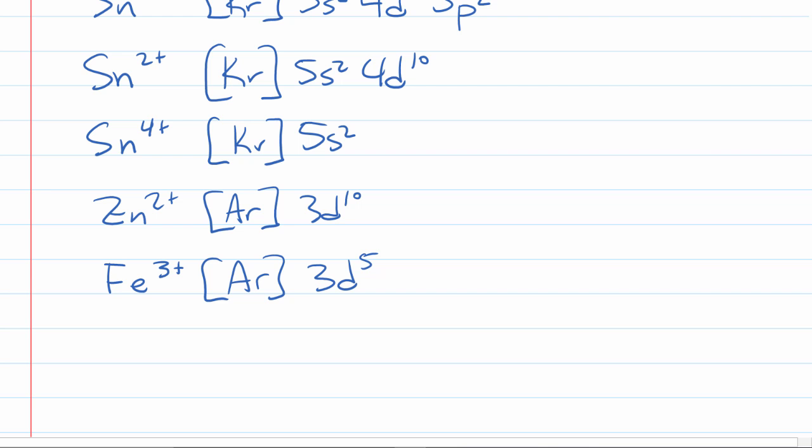Why is the tin 4 the 5s2? We lost 10 electrons. Oh, which one should it be? 4d10. There you go. Why didn't you tell me that? All right, 4d10. All right, any questions? That's why you were kind of gun shy. Okay, any questions on these?